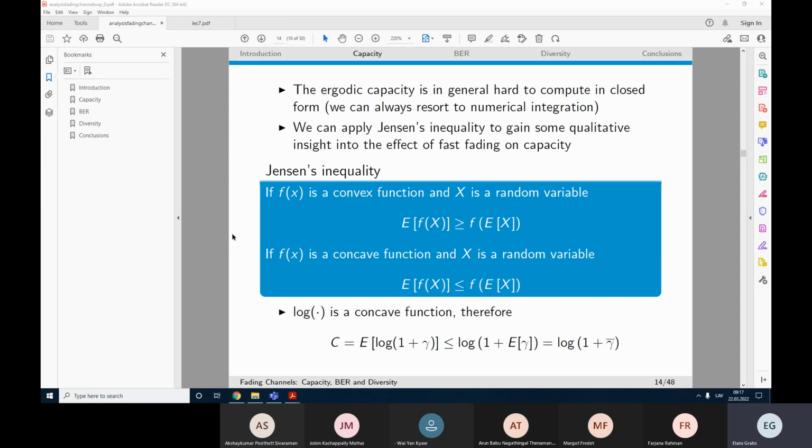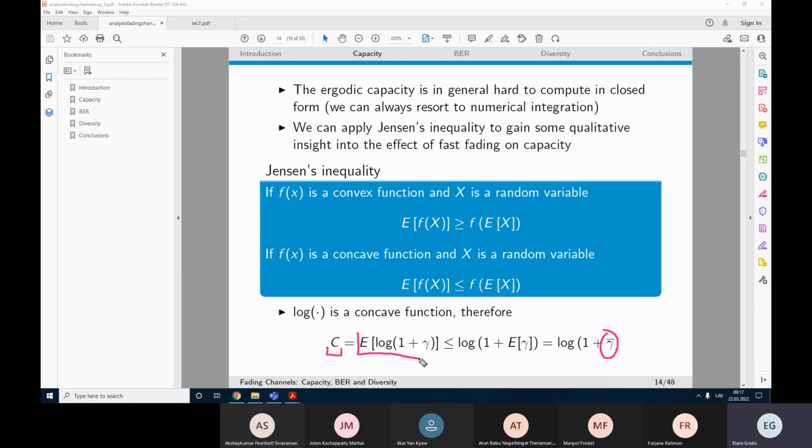In that case, to get the approximate value of the capacity, we need to know the average value of the signal-to-noise ratio, the mathematical expectation coming from that Rayleigh distribution. So that's how to make it simpler.